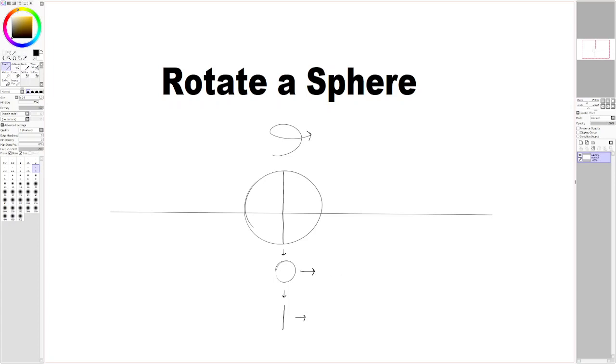So if you think about a penny, when you rotate a penny and you're looking at it from the side, what do we see?